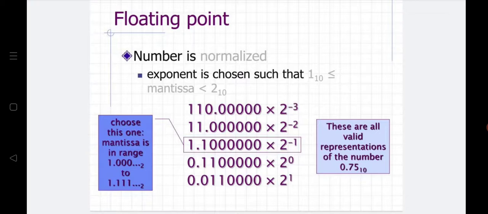Now let us see how we are going to normalize a number in the exponent. How do we do it? The exponent is chosen such that 1 is less than or equal to the mantissa, and the mantissa is less than 2, that is decimal 2. So what will we be doing here?